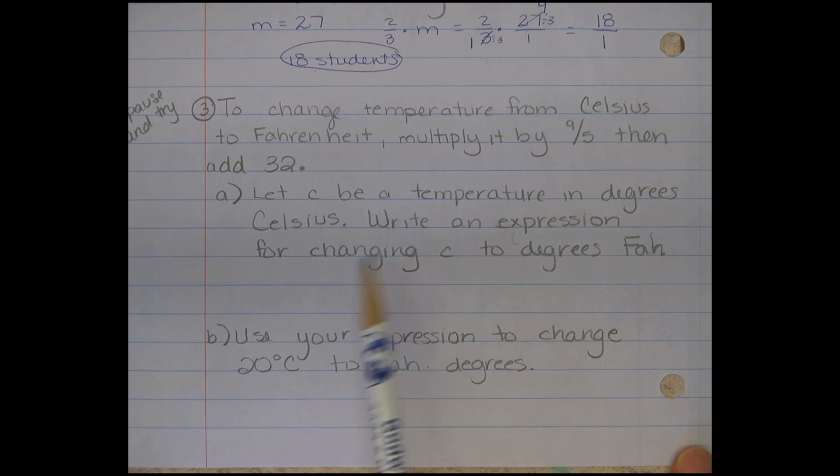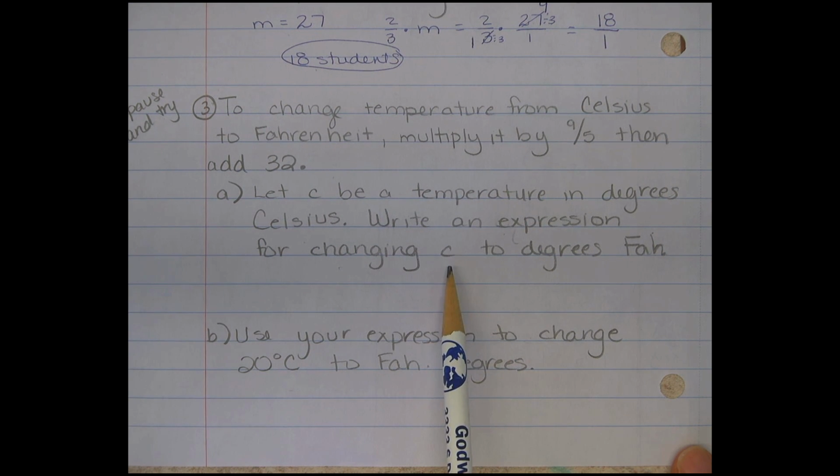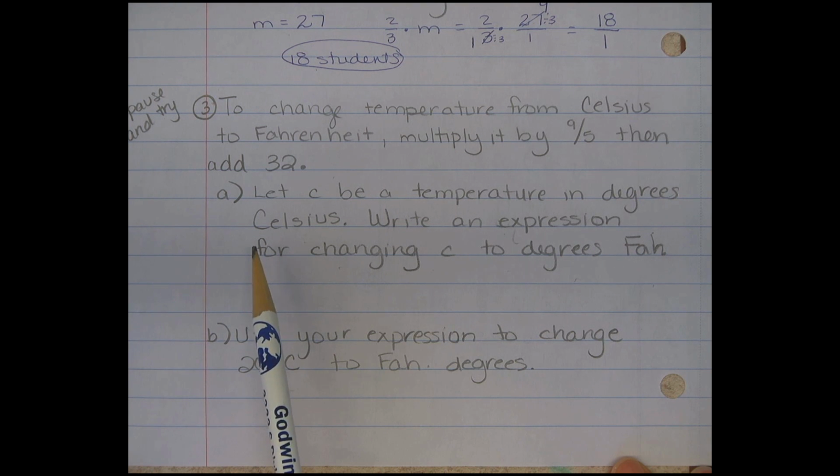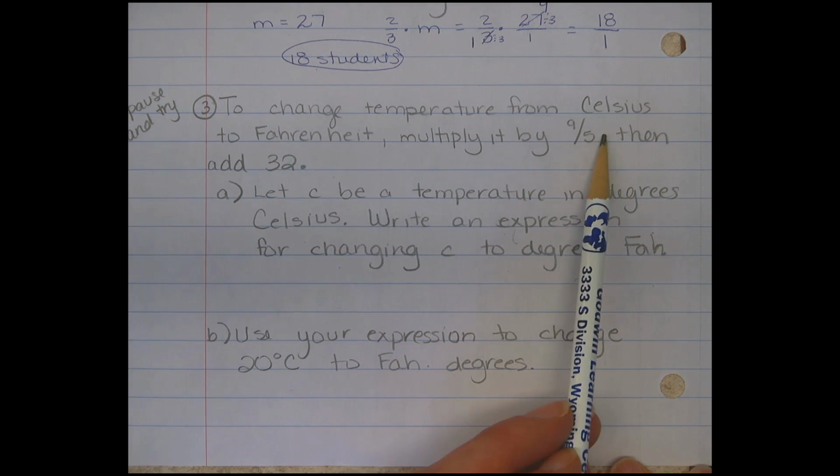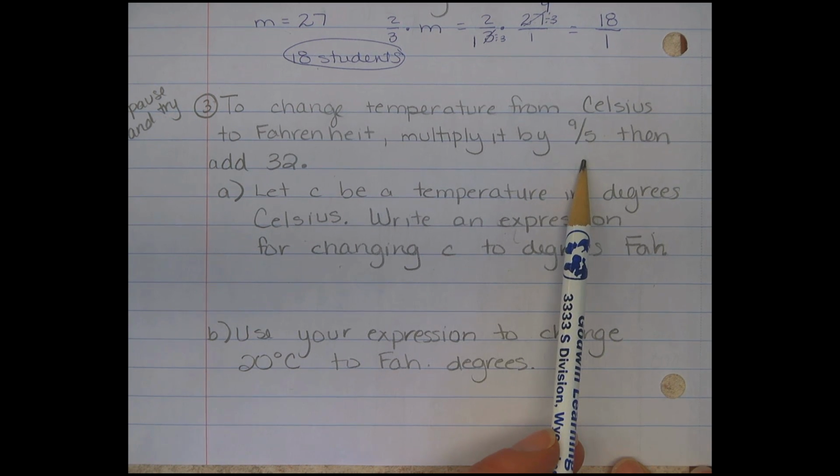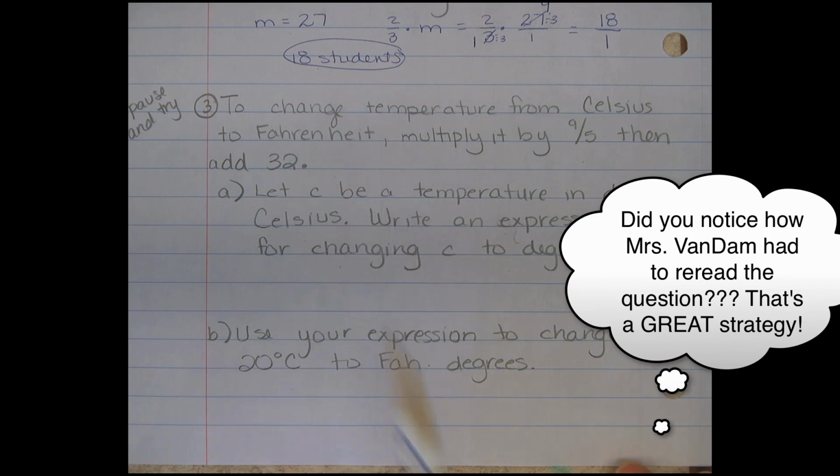Write an expression for changing degrees Celsius to degrees Fahrenheit. So we want to think about multiplying it by 9/5, then add 32.